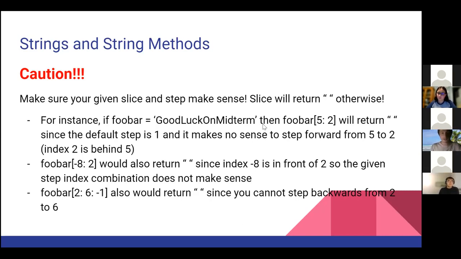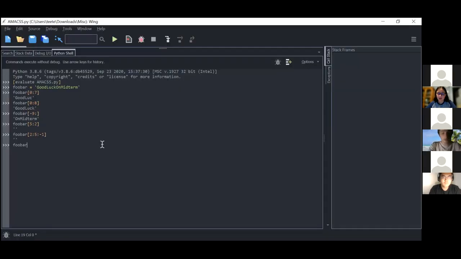I just tried 1, 2, 3 and it worked. Okay, yeah, we could try that. Let's go over that. Foobar 1, 2, 3. We have slice 1 to 2. Right, because 1 is included.